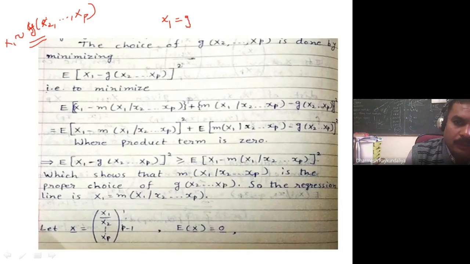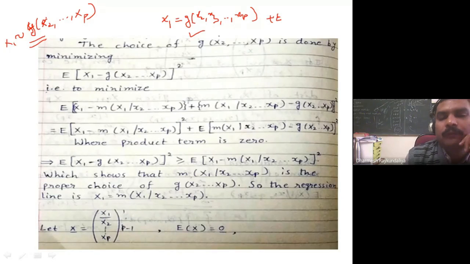If you write, it is g of x2, x3, up to xp plus epsilon. So our aim in the regression is that we wish to find out the value of g. That means what is the functional relation between x1 and x2 up to xp, and how do we obtain this? We obtain it by minimizing the epsilon. So it is some functional relationship. The choice of g of x2 up to xp is done how? How will you find out the suitable choice of g? By just minimizing this quantity.